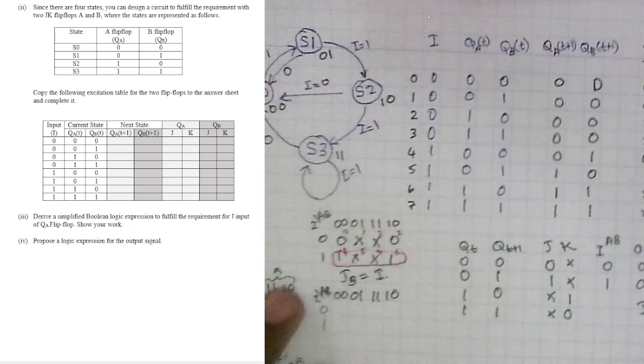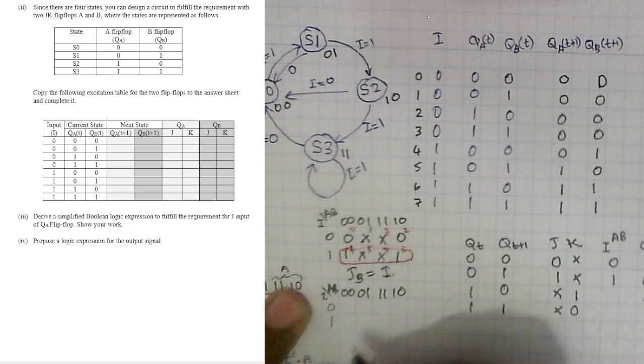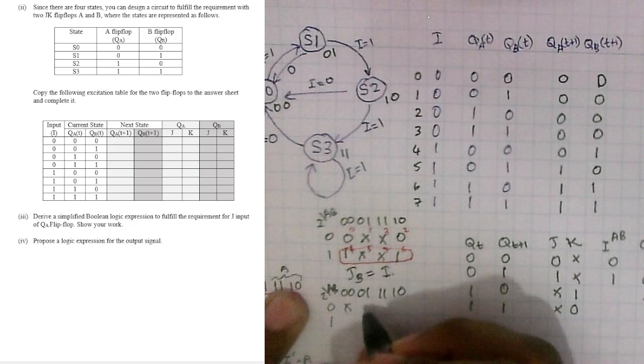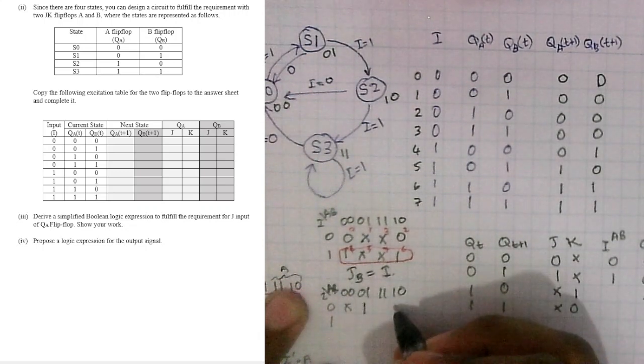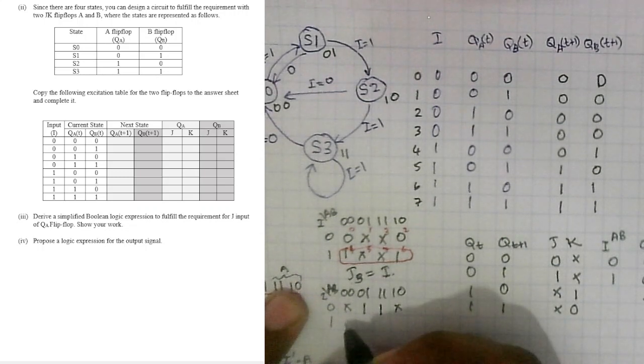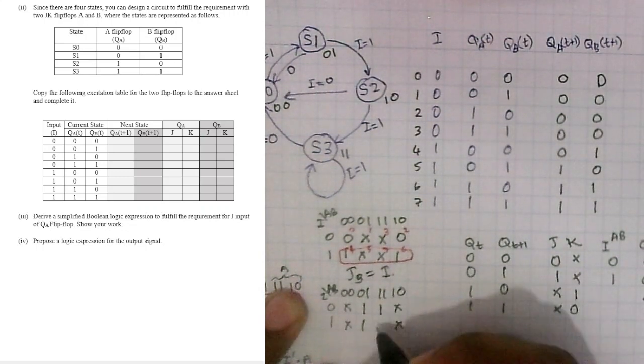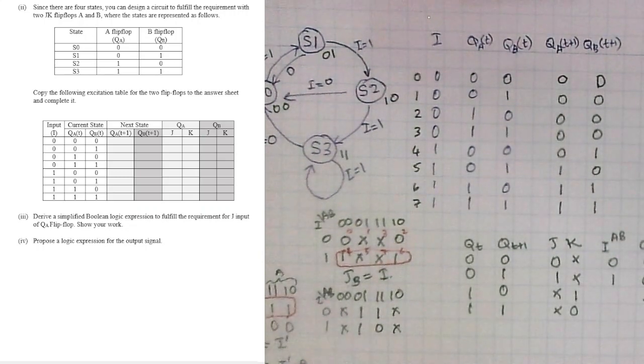This column I will be copying to this K map. Okay, x1, x1, x1, x0. Am I correct?